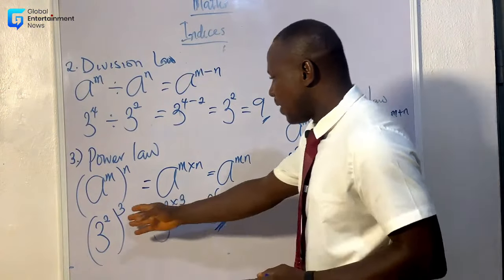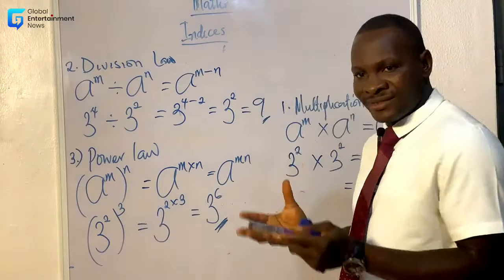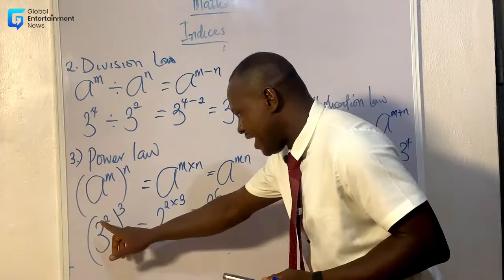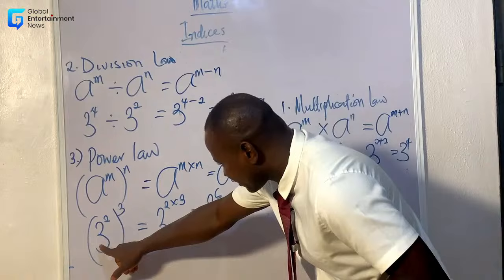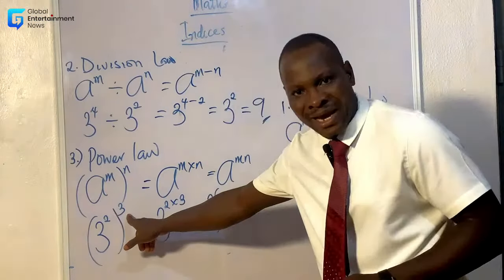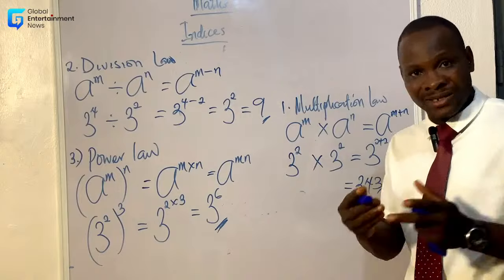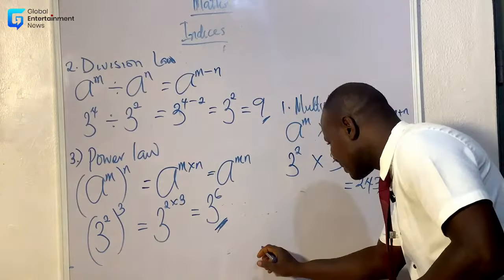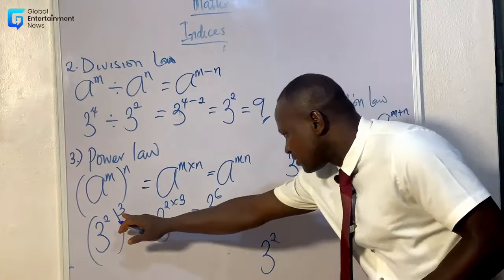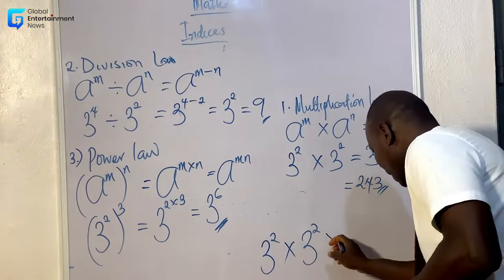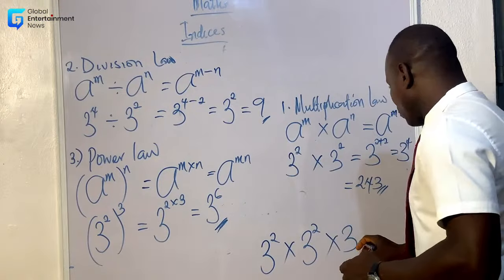Do you know this power law is somehow tantamount to the multiplication law? Because what I have here is 3 raised to power 2, how many times? 3 times. I can also do it at a primary level like this: 3 raised to power 2, 3 times, is 3 raised to power 2 times 3 raised to power 2 times 3 raised to power 2.